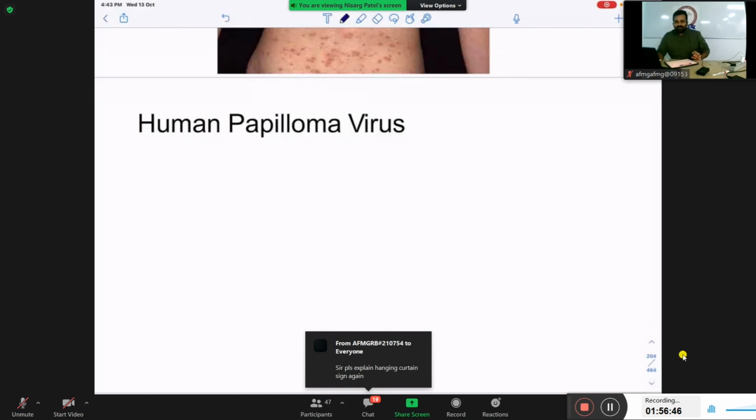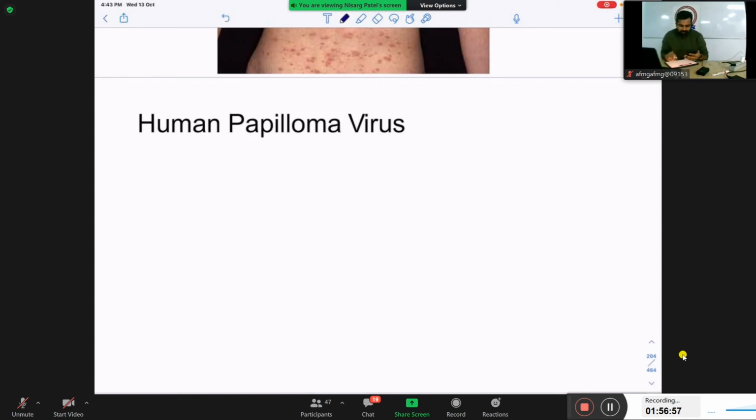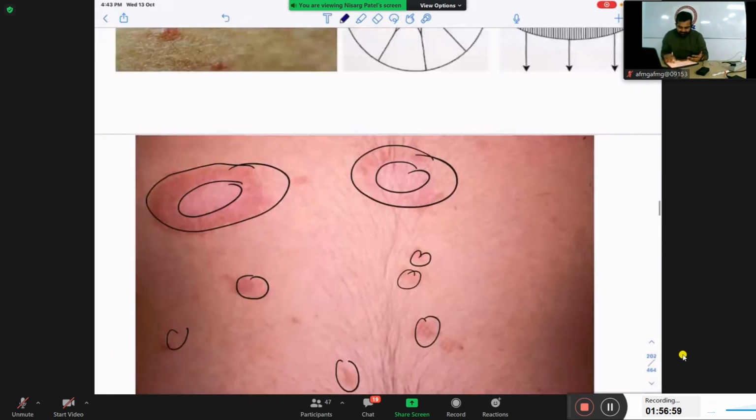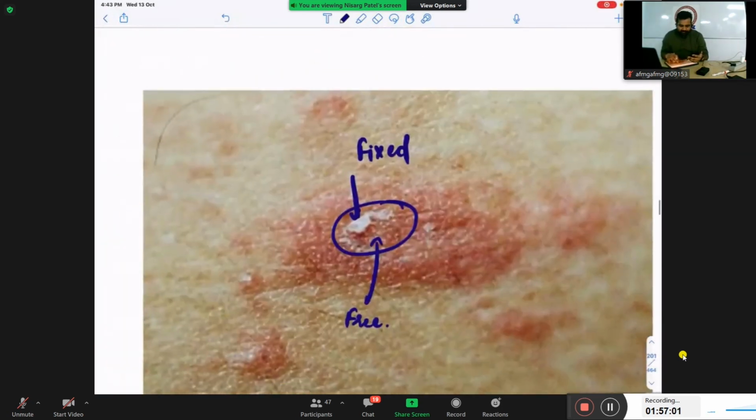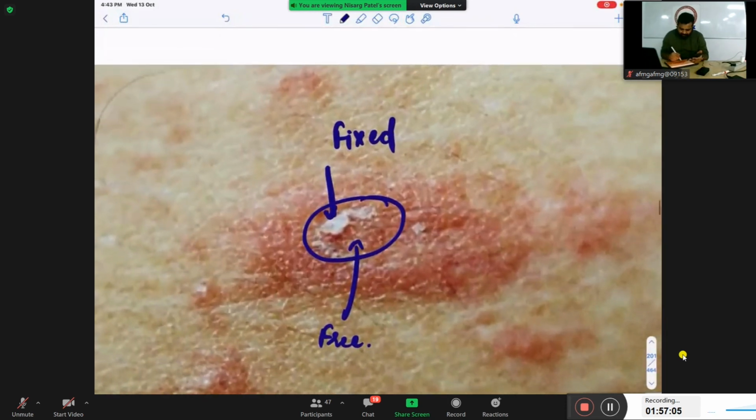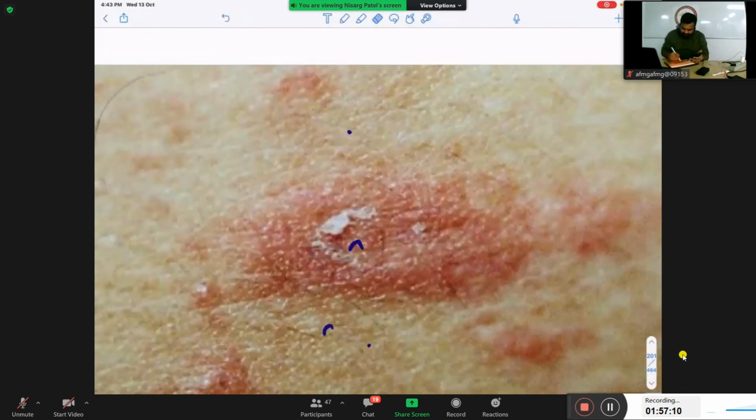So human papilloma virus, which disease does it cause? Hanging curtain sign: see this, if you see the scale of this pityriasis rosea. I am showing you the photo of this scale.